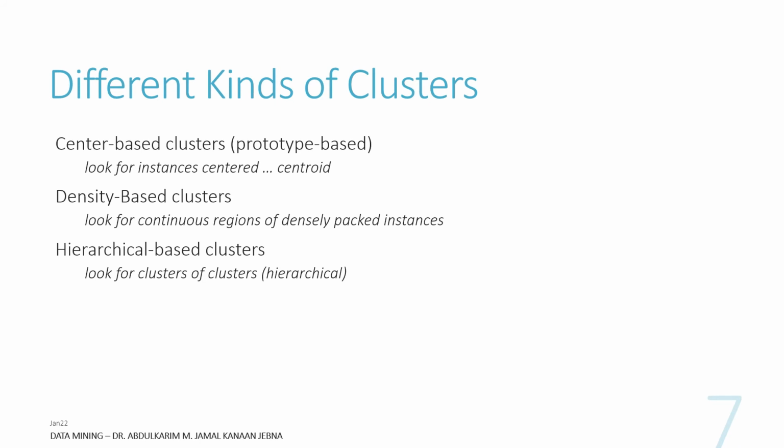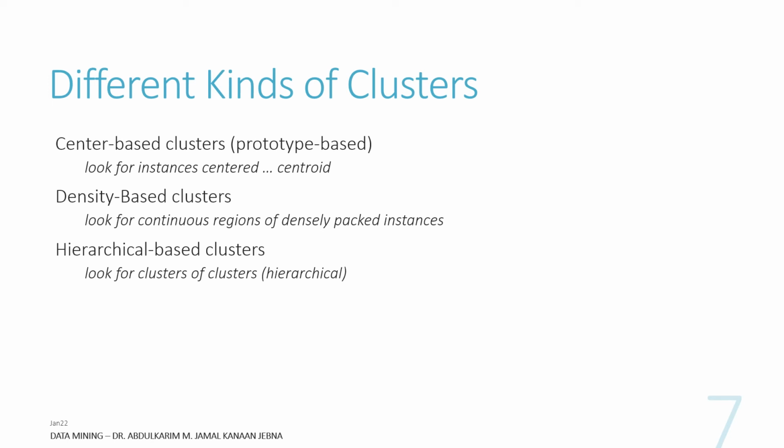There are different kinds of clusters, but the ones that we are going to discuss are three types. Center-based clusters, also known as prototype-based clusters, where this type of clustering algorithm looks for instances centered by applying the centroid, such as k-means that we're going to discuss next.